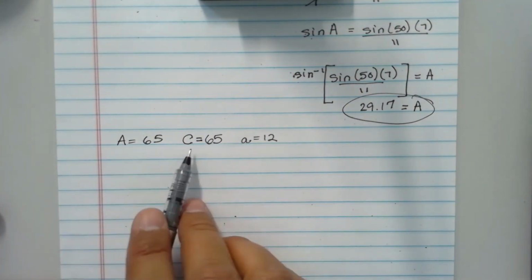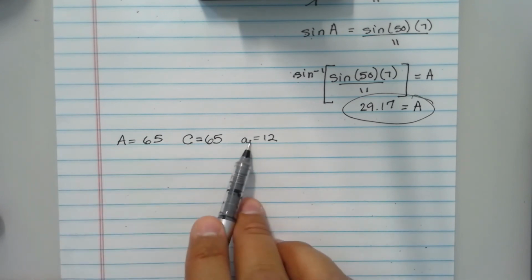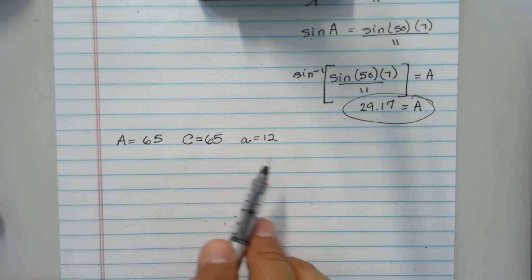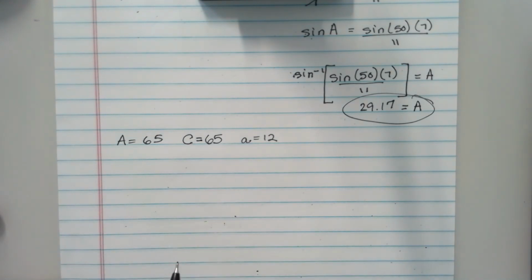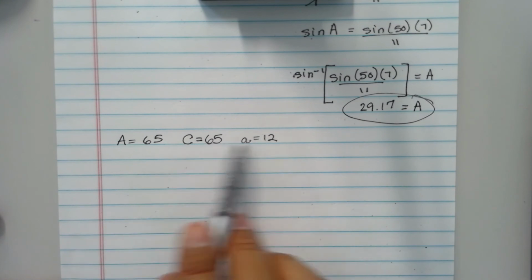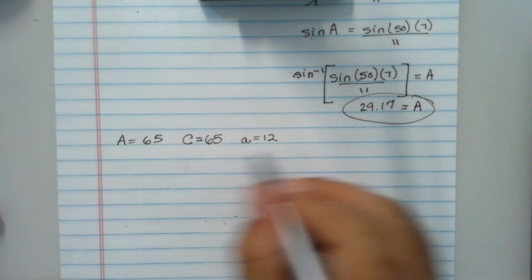Well, it's the same concept. This is sine of A over little a is equal to sine of C over little c. So solve the triangle. You could go ahead and get the remaining sides. If you want to draw it, you could draw it.